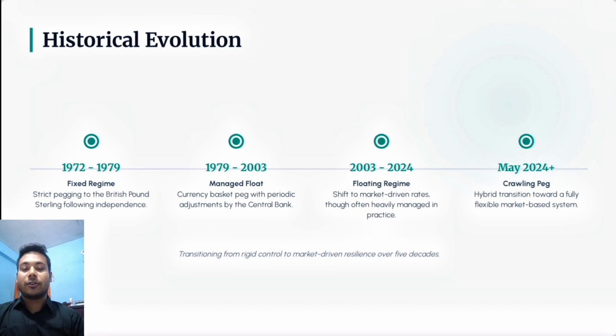And last but not least, the crawling peg. This is the hybrid transition towards a fully market-based system, which is very significant at this moment. It is the transition from rigid control to market-driven resilience over the last five decades that we have been pursuing.